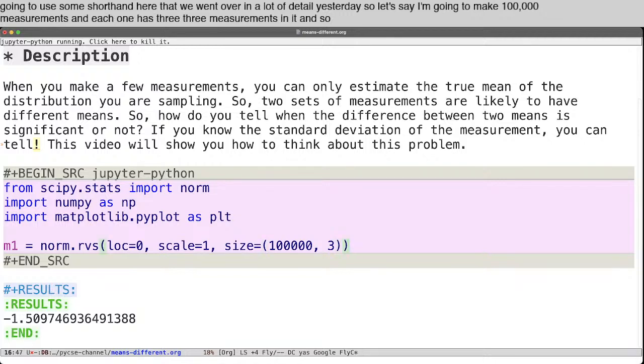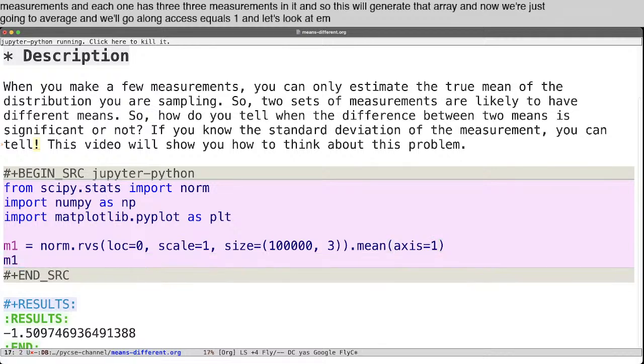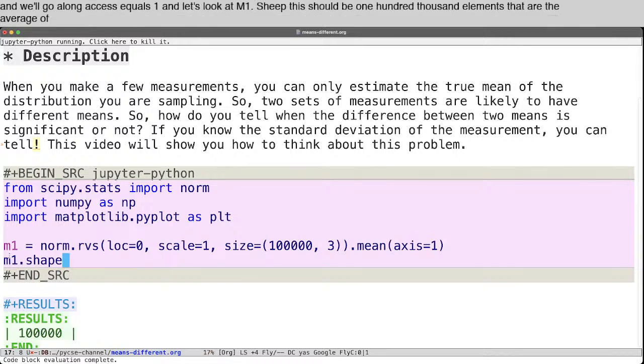This will generate that array, and now we're just going to average along axis equals 1, and let's look at m1.shape. This should be 100,000 elements that are the average of 3 measurements. Okay, so that's my measurements.